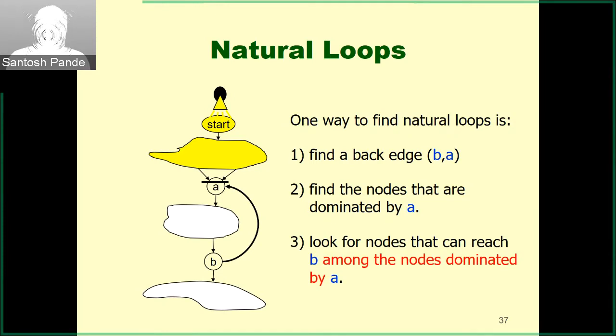And that way we'll enumerate the whole set of nodes which are reachable to B, but which are dominated by A. And we will exclude all the nodes which are dominated by A, but which are not reachable to B, because we have, of course, gone backwards from B. And we will exclude all the loop exits. So the collection of all these nodes and all the edges which connect them forms the loop, in short.